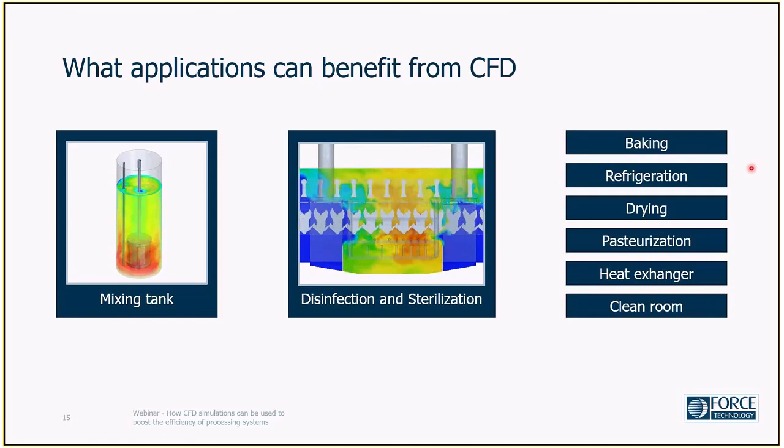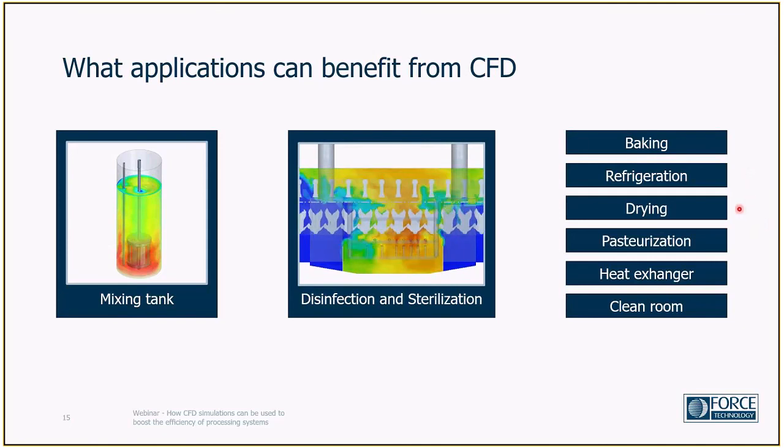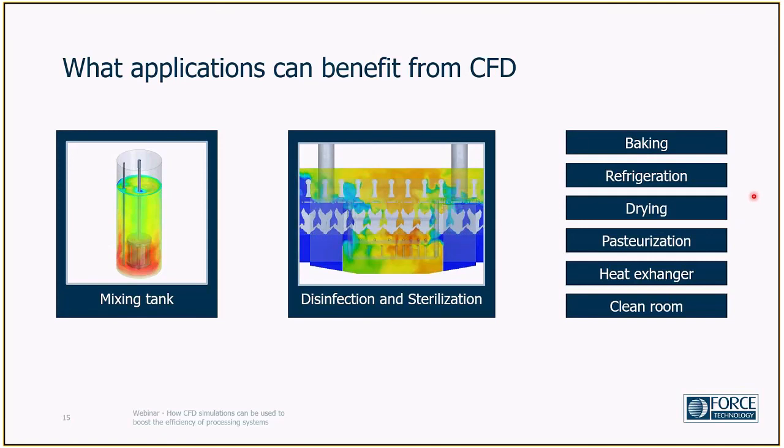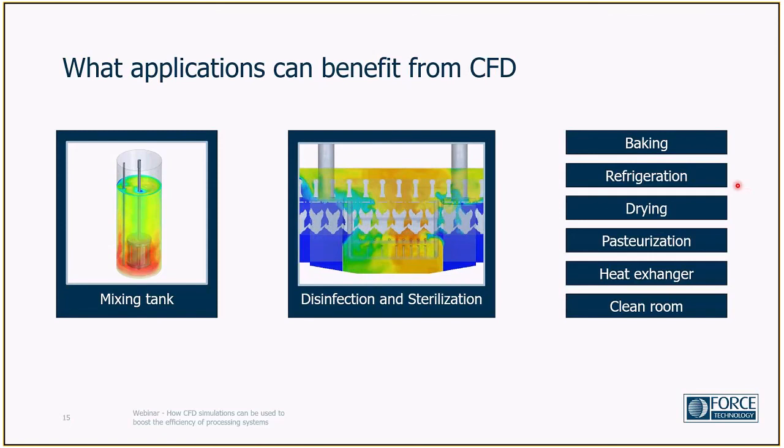And then we have refrigeration, where heat transfer can also be calculated and simulated with CFD, and CFD can be a helpful tool to optimize the design of chillers and freezers, for instance.